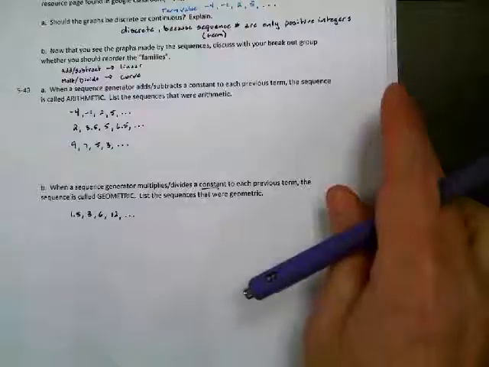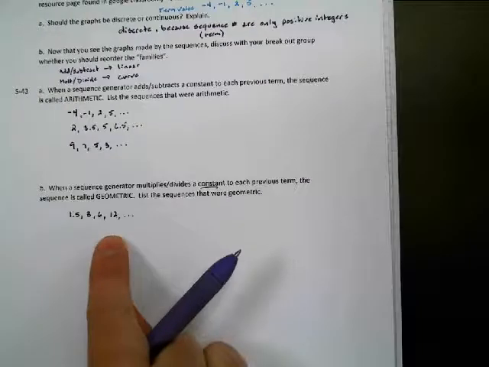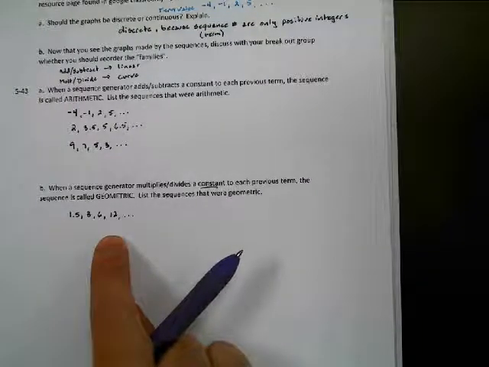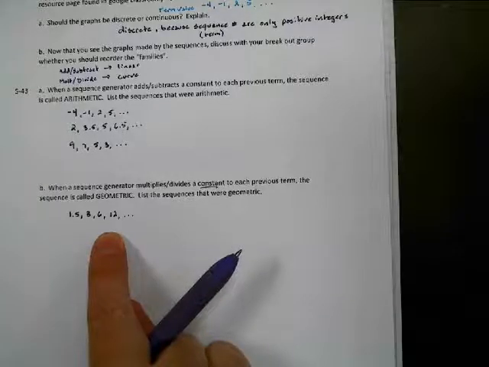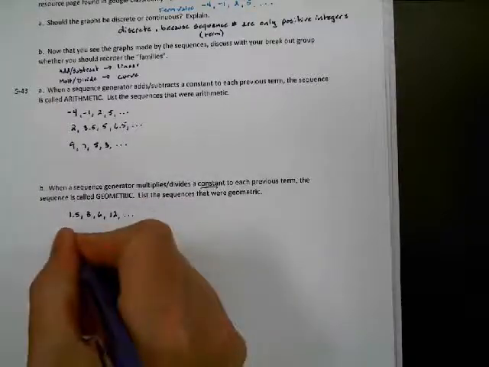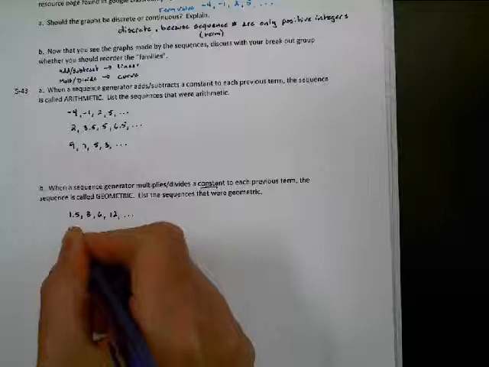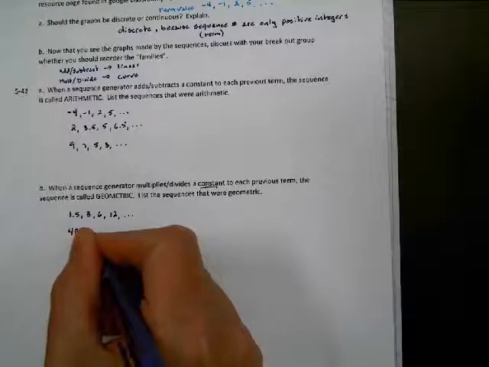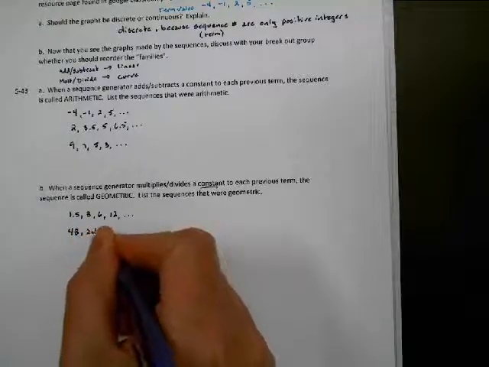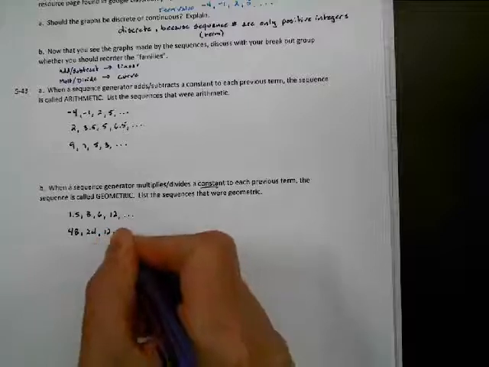Our next one for geometric sequences was G, and that one was the one that started at 48 and then went to 24 and then 12. And this is the one that was dividing by 2 each time.